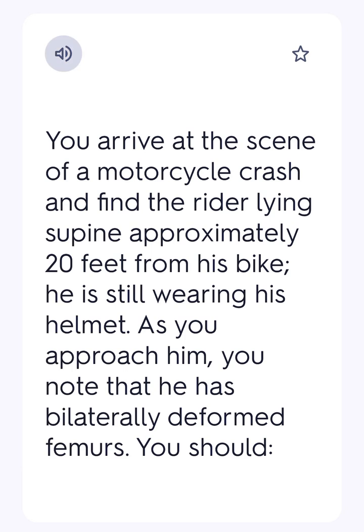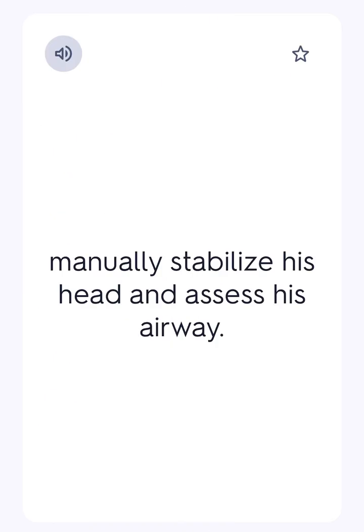You arrive at the scene of a motorcycle crash and find the rider lying supine approximately 20 feet from his bike. He is still wearing his helmet. As you approach him, you note that he has bilaterally deformed femurs. You should manually stabilize his head and assess his airway.